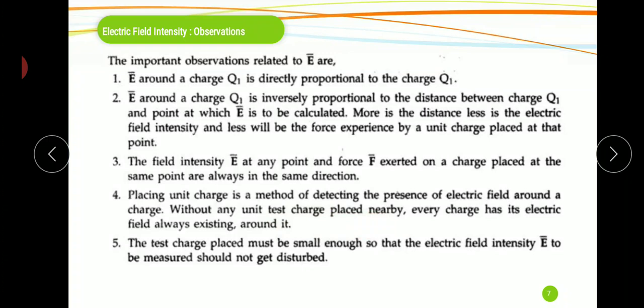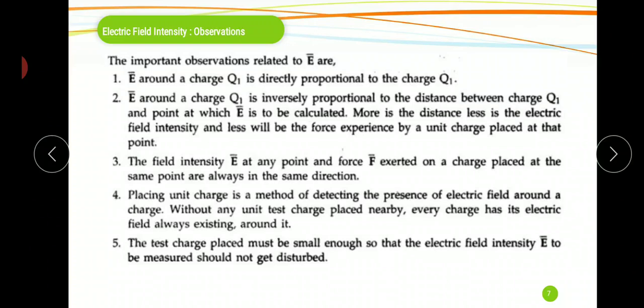The test charge placed must be small so that the electric field intensity E measured is not disturbed. That means, as the strength of the test charge is small, we can accurately measure the effect of the electric field with its help, and there is no disturbance in the electric field intensity.